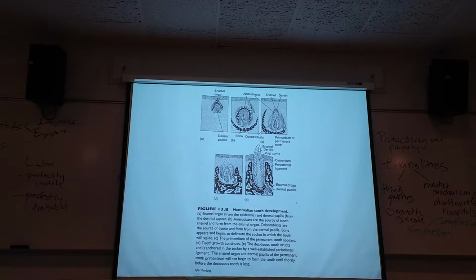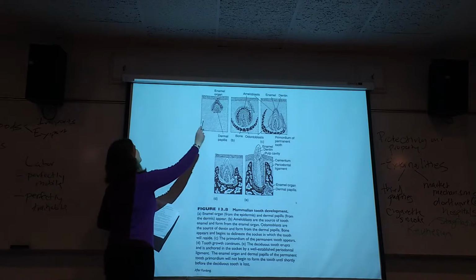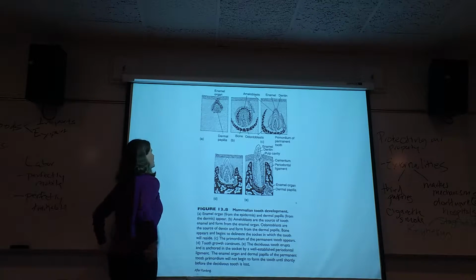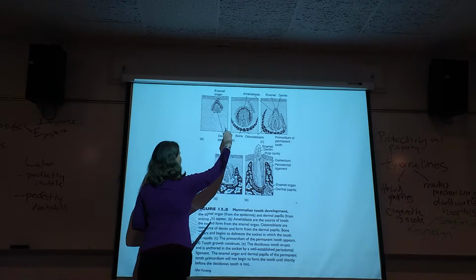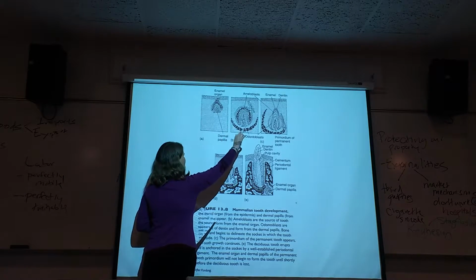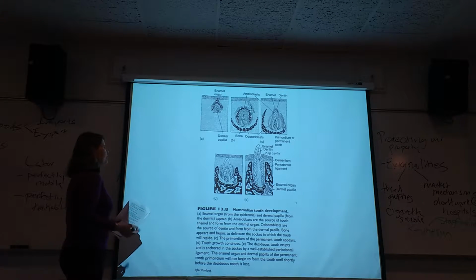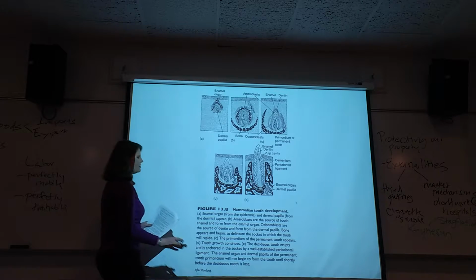So basically, here's what this looks like visually. So we have the epidermis and the dermis here. The epidermis grows downward to produce this enamel organ, which is going to produce a layer of ameloblasts, which are these dark-colored cells in the middle here. And at the same time, the dermal papilla is produced by the dermis, and that produces odontoblasts.